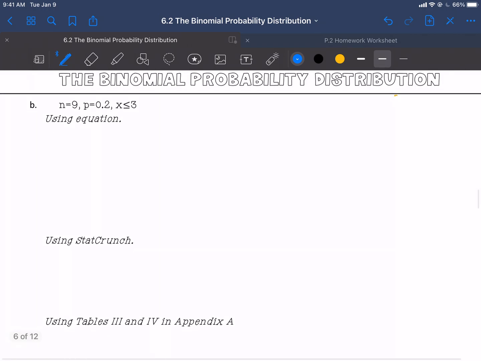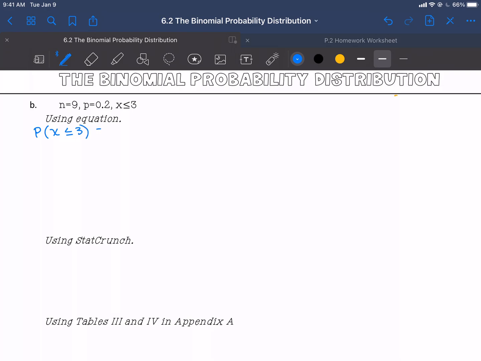Okay, so for part B here, now we have n equal 9. The probability of success is 0.2. And we want to find the probability that x is less than or equal to 3.